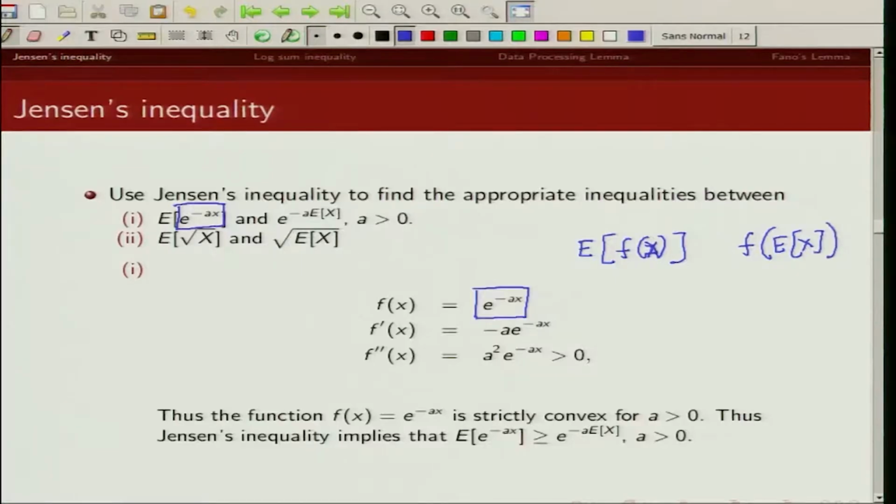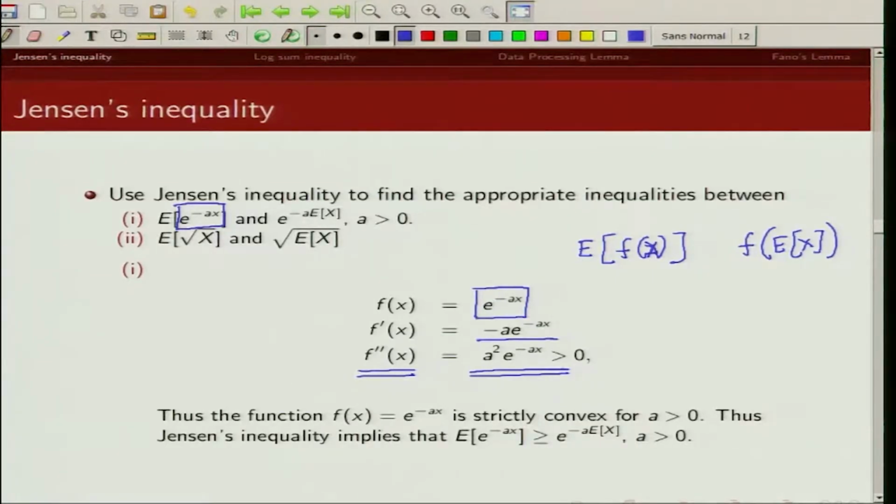Right. So in this case if we look at this function f of x, we take the first derivative that is given by this and the second derivative is given by this. Now note a is greater than or equal to 0, so a squared is positive, and this quantity e to the power minus ax is also positive, so this term will be greater than 0. So if the second derivative is greater than 0, what do we know about the function?